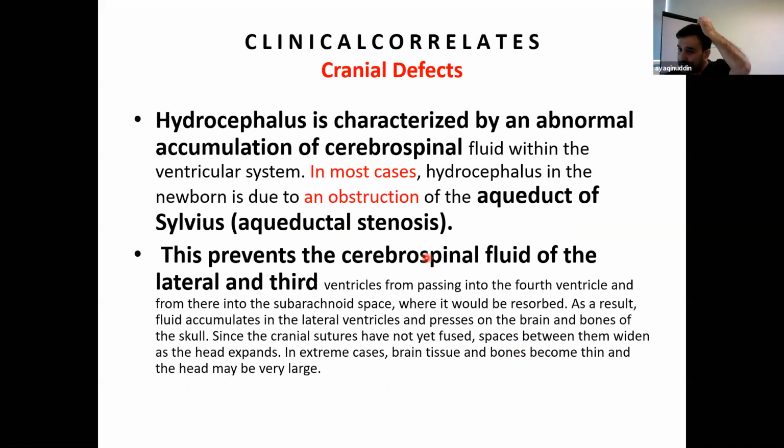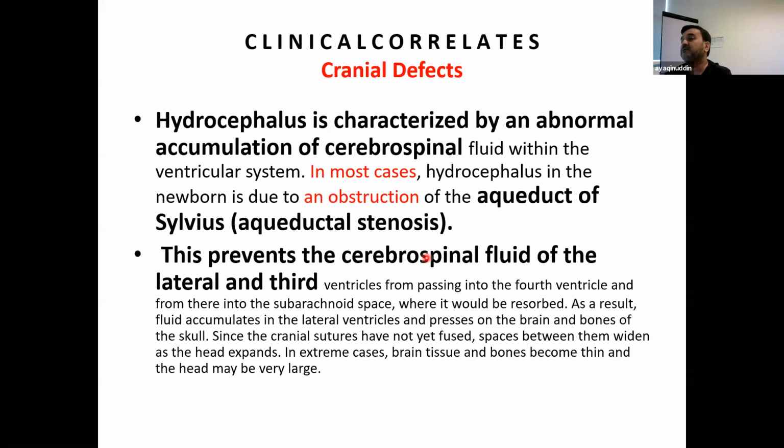Then we are coming to some of the common congenital defects, and one of the common congenital defects is hydrocephalus, which is characterized by an abnormal accumulation of the cerebrospinal fluid within the ventricular system. And in most cases, the hydrocephalus which you see in the newborn is because of the obstruction of the aqueduct of Sylvius. So if the aqueduct of Sylvius is obstructed, the CSF cannot pass from the third ventricle to the fourth ventricle.